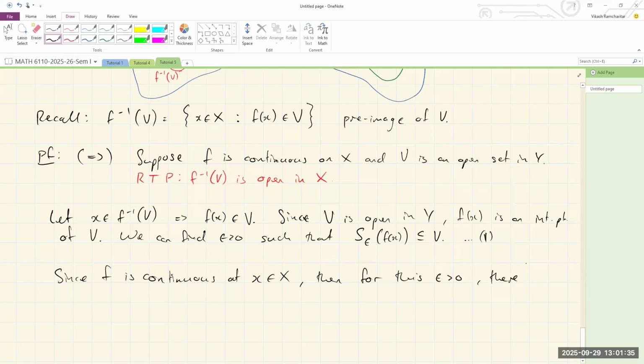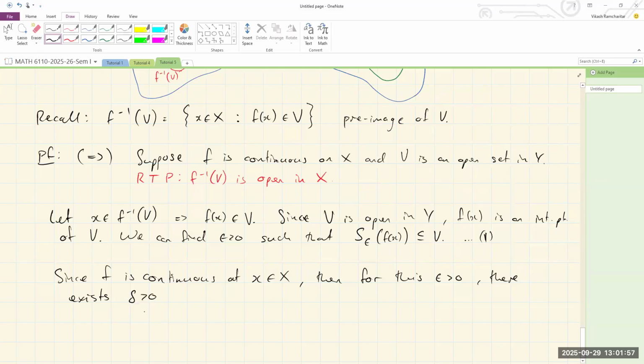So now we are applying the definition of continuity with respect to the metric space, at least our definition for it in this course. I don't want to say that's the general definition for it, but it's one of them.